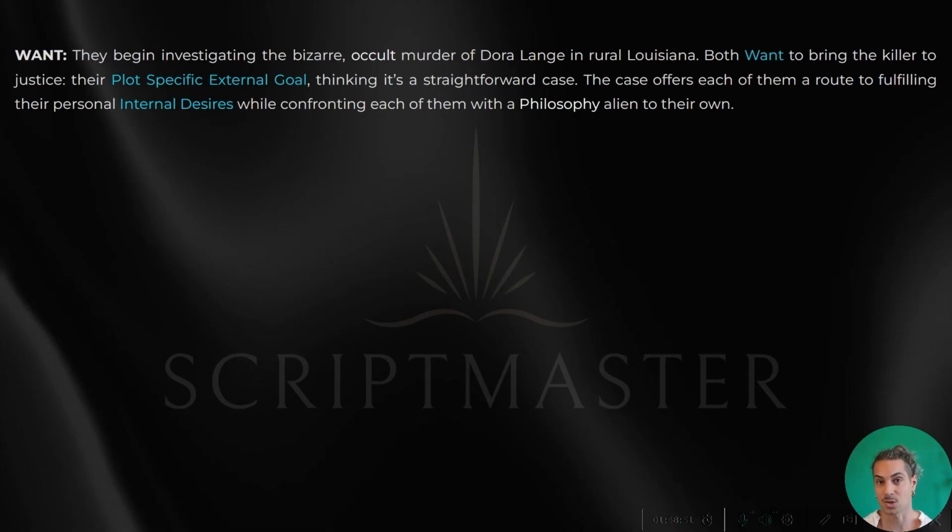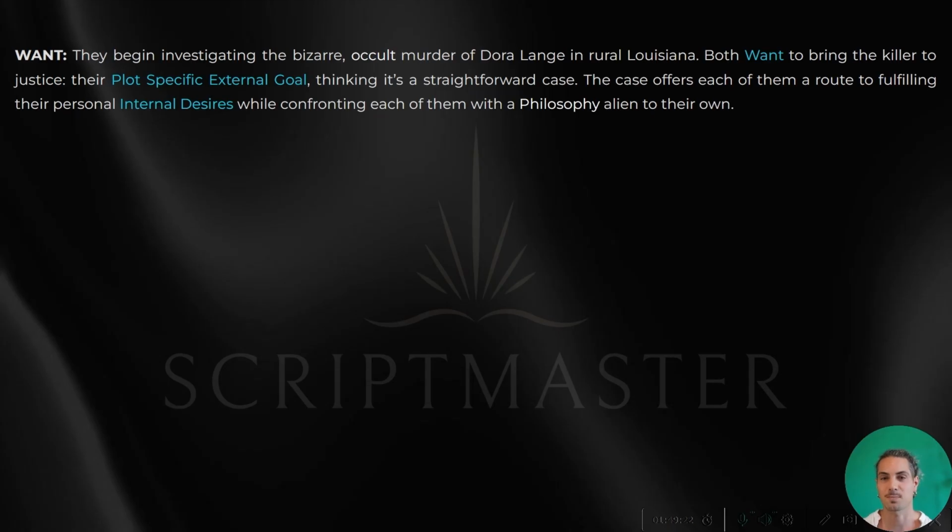Rust Cohle's initial philosophical point of view is nihilism, which is a belief in the meaninglessness and pointlessness of life and our actions. Hart's is conventionalism, the belief in rules and social norms. And they are confronted with an occult murder which leads them into encountering a philosophy which is not aligned with either of their own. And this creates the philosophical conflict which drives character growth throughout the story.